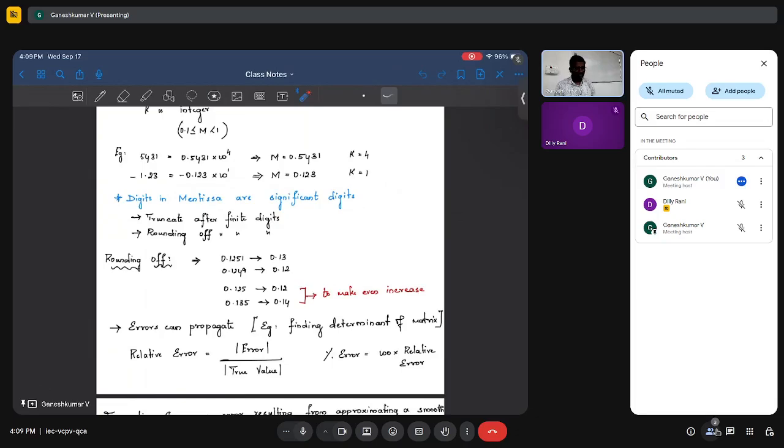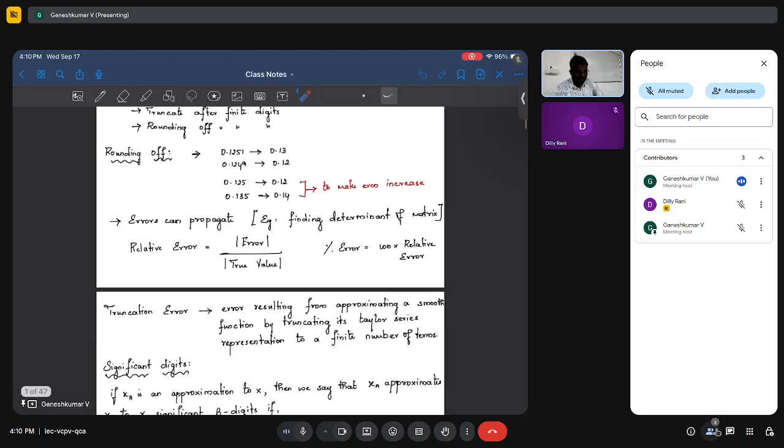But here, if you know what the mantissa is, whatever digits you have in the mantissa are going to be your significant digits. And you usually truncate after a certain finite number of digits, so you will have rounding off error in those finite digits. And we saw some rounding off rules.